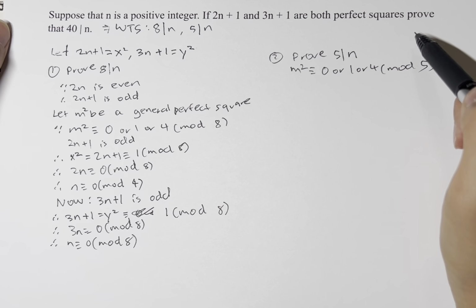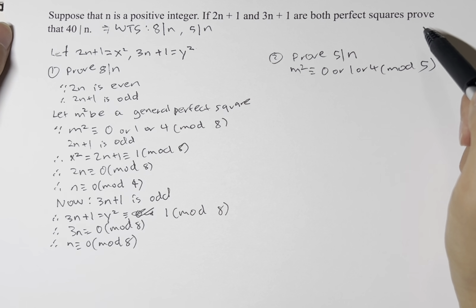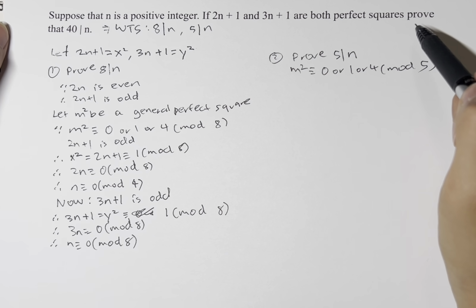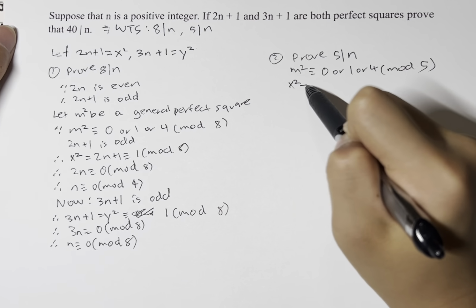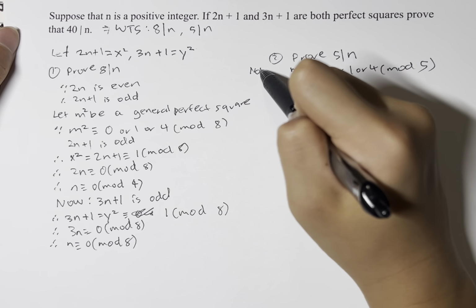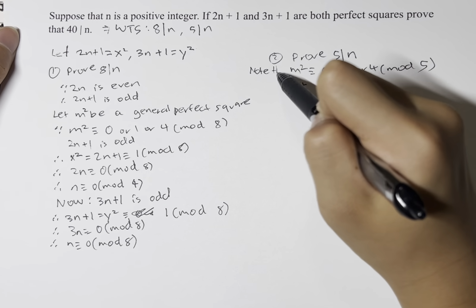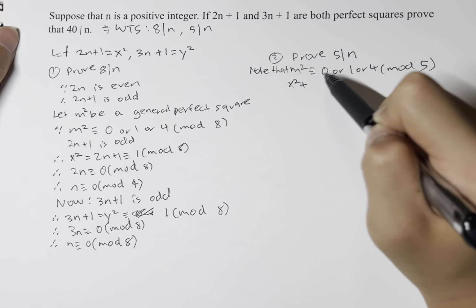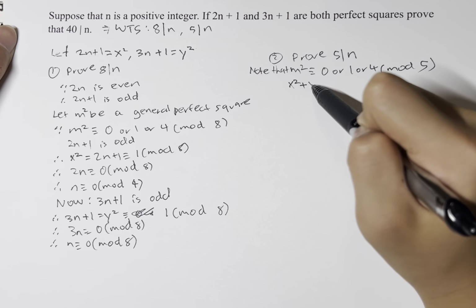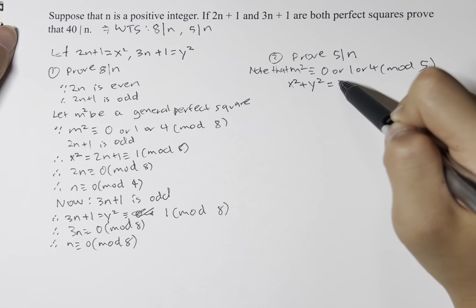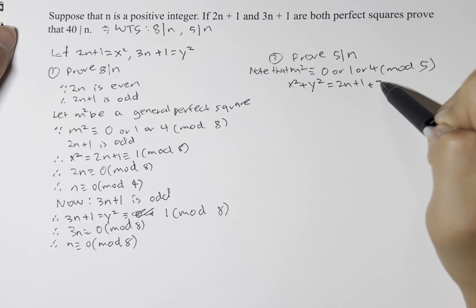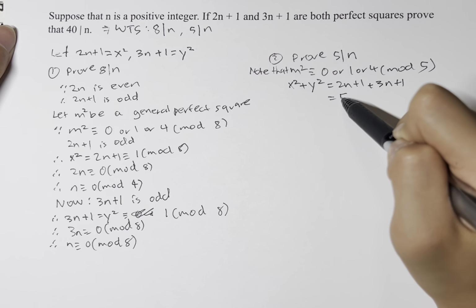Now, should we use x squared and y squared separately, or should we add them together? For this one, you have to be sensitive, because if you have x squared plus y squared, we are doing this because 2n plus 1 plus 3n plus 1 is equal to 5n plus 2.